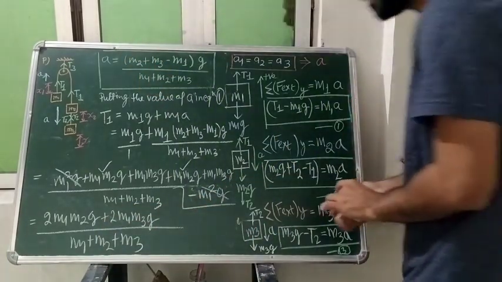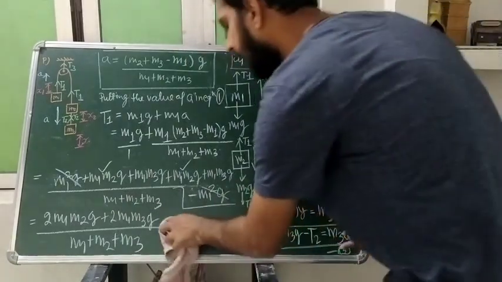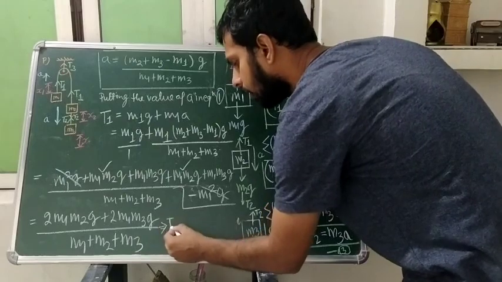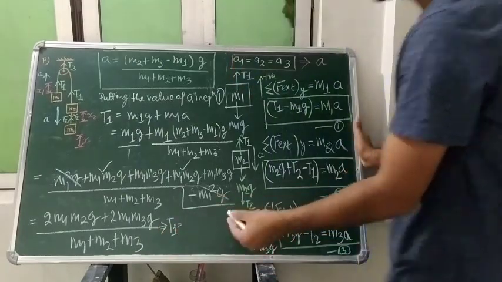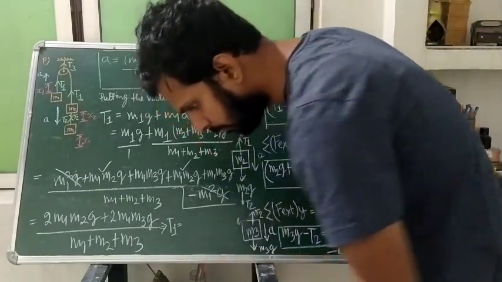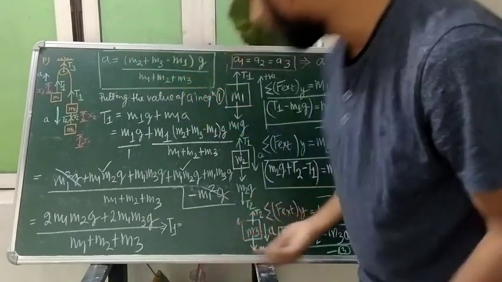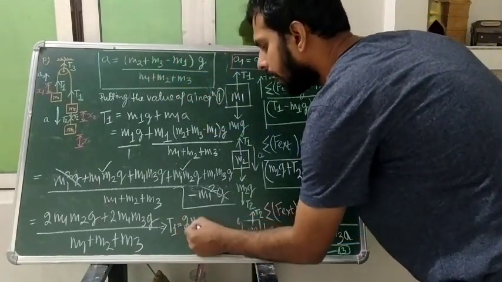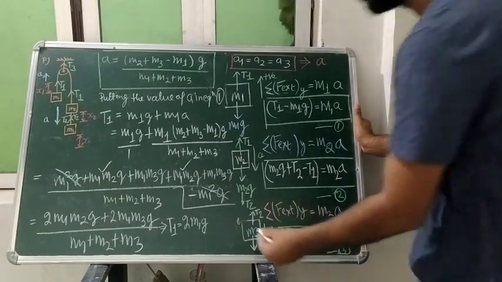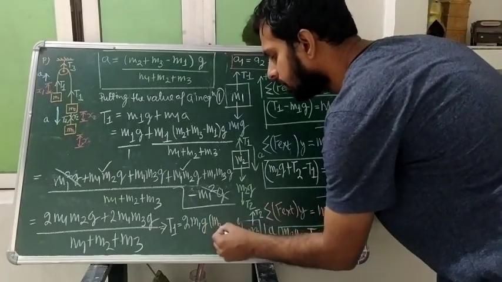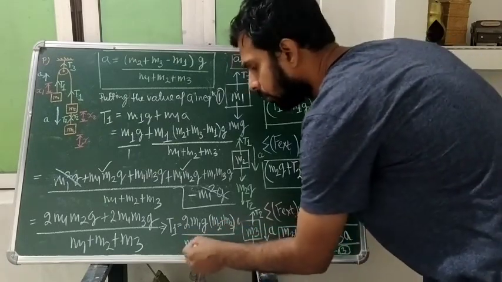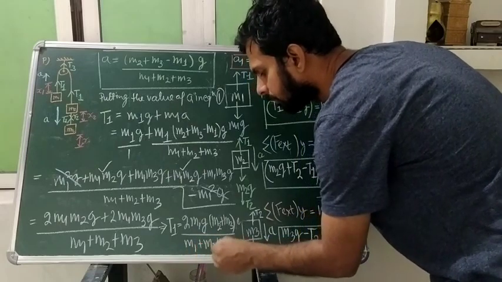Getting, students? And we can write it as, this implies that our tension T1 will come out when you take 2m1g common, so it will become (m2 plus m3) here divided by (m1 plus m2 plus m3).